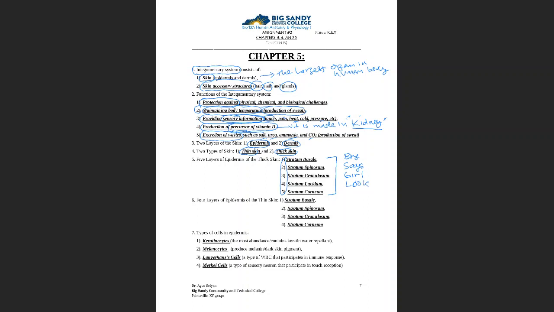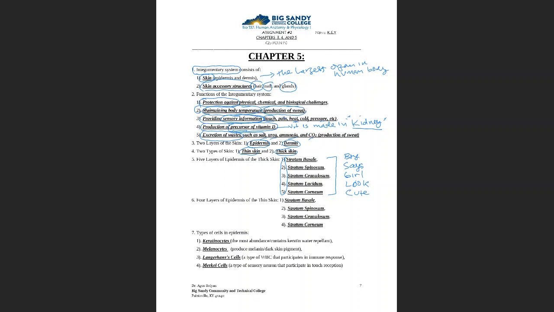Okay, corneum starts with a C, you can say cute. So if you remember this, boy says girls look cute, then you might be able to remember the sequence of the layer in the epidermis of the thick skin.